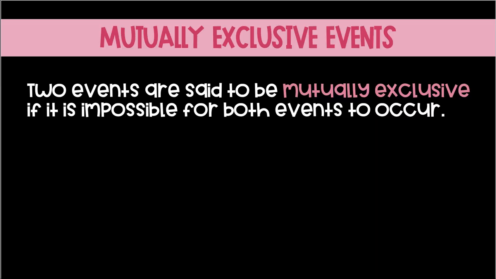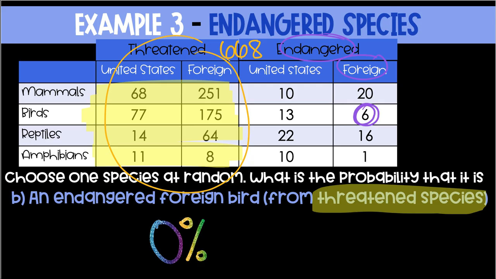Now let's talk about mutually exclusive events. Two events are said to be mutually exclusive if it is impossible for both events to occur at the same time. For example, if we go back to that example where we're looking for the probability of an endangered foreign bird out of the threatened species, that was not possible. Both events cannot happen at the same time. Those are mutually exclusive events.